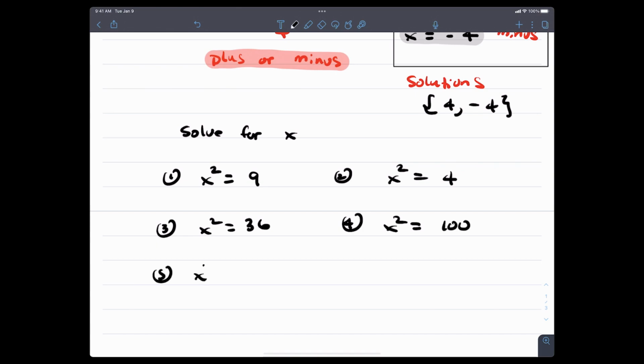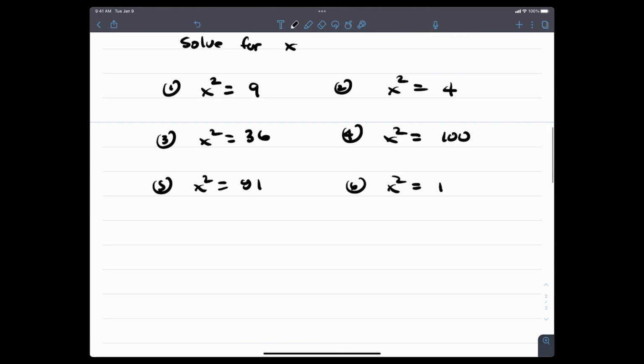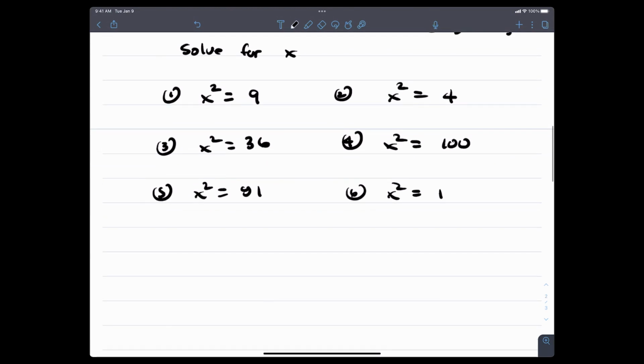Number 5, x squared is 81. And number 6, x squared is 1. And I'll give you a hint: use the square root formula. That's a capital R then.